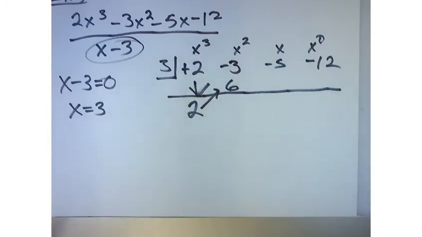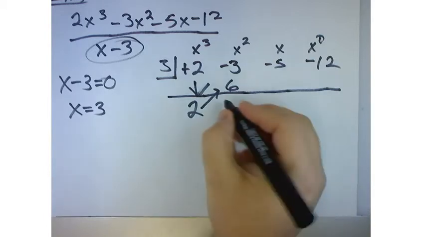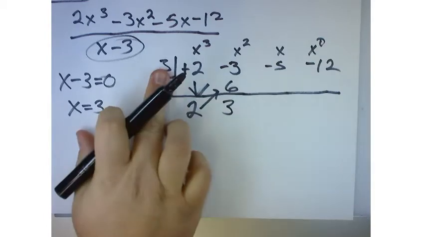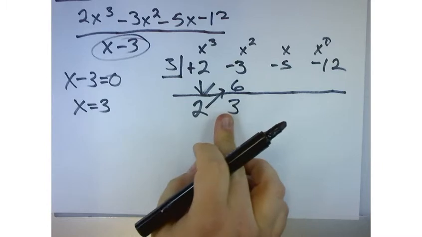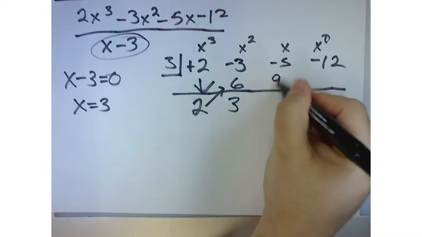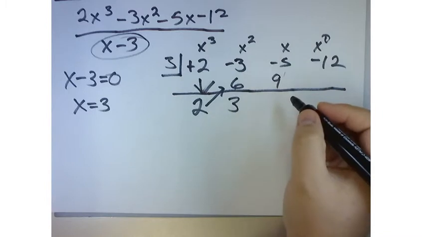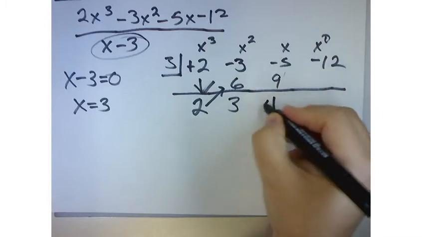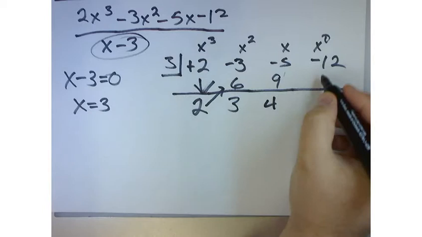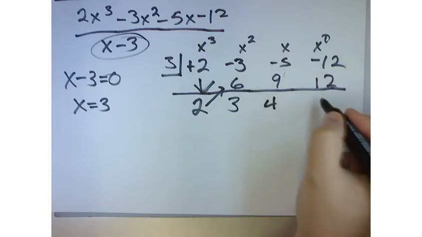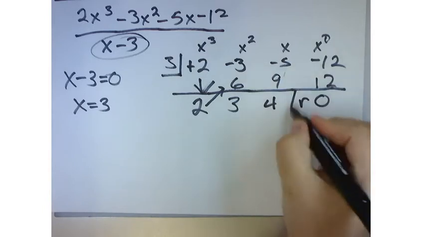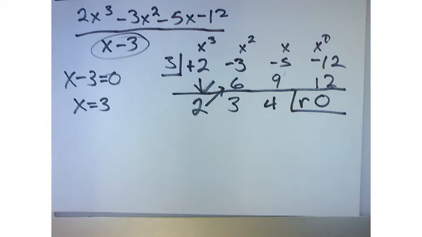What is negative 3 plus 6? 3. Multiply 3 by 3, and what do you get? 9. Now, add those up. What do you get? 4. Multiply by 3, what do you get? 12. So now this is saying that my remainder is 0, because that last column is always the remainder.